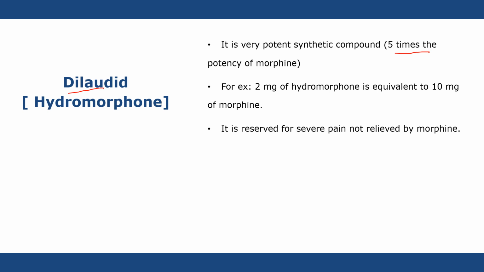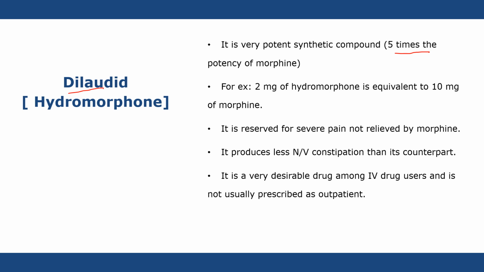I do that for a client with cancer, especially bone cancer, which is very, very painful. This medication produces less nausea and vomiting, so patients tolerate it very well. But again, it's a very potent drug.